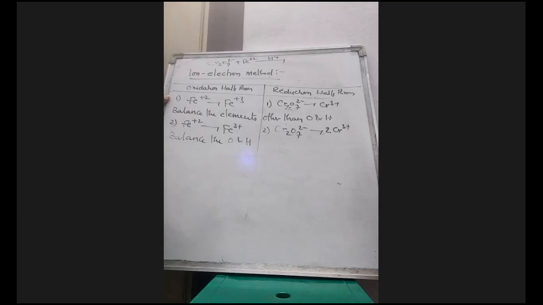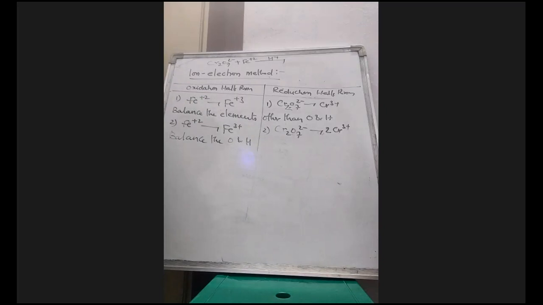If OH minus is written, it is called basic medium. They will specify in the question whether you need to balance the given redox reaction in acidic medium or basic medium. Whether it is acidic medium or basic medium, in the ion electron method, the first two steps are common.